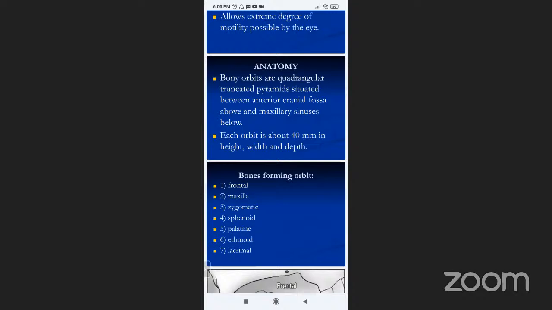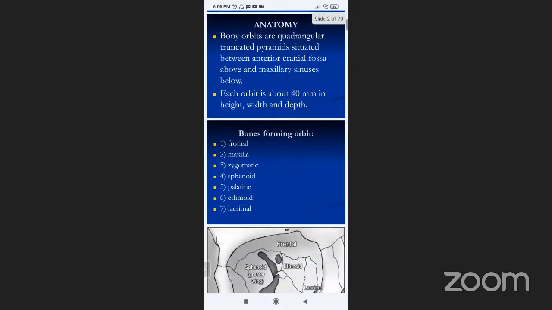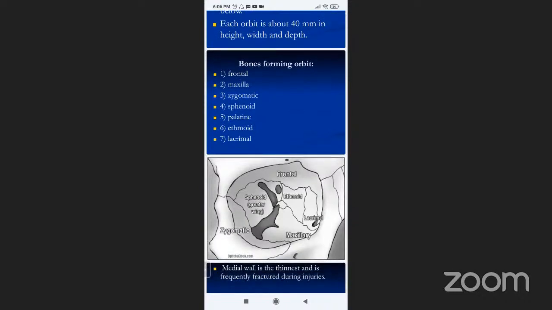The roof is formed mainly by the frontal bone. In the posterior-most aspect, the lesser wing of sphenoid also offers a small portion constituting the orbital roof. Then the lateral wall is formed mainly by the zygomatic bone as well as the greater wing of sphenoid, and the floor is mainly by the maxilla. Here you can see the picture. The roof is mainly by the frontal bone.